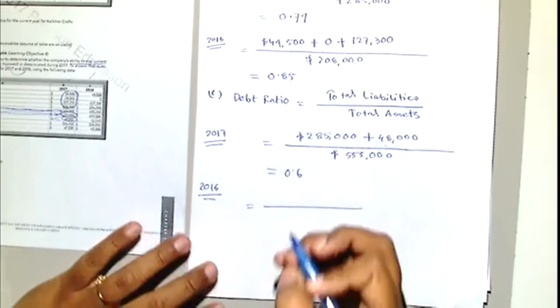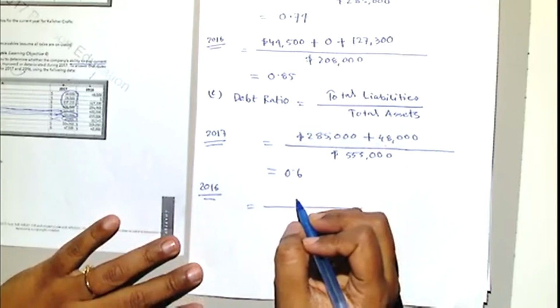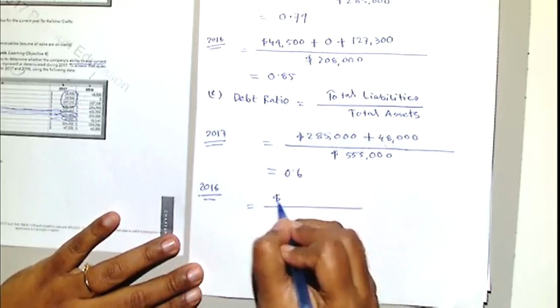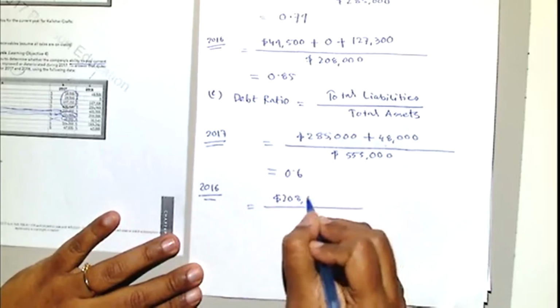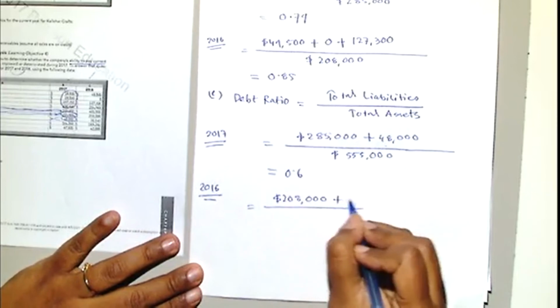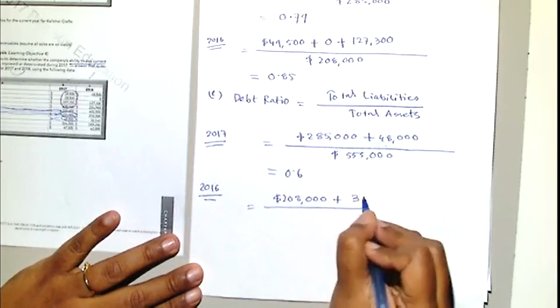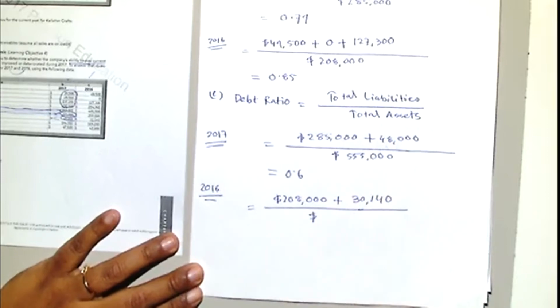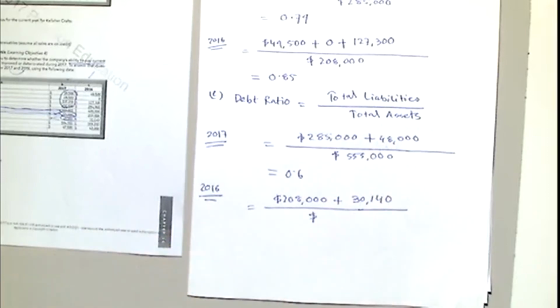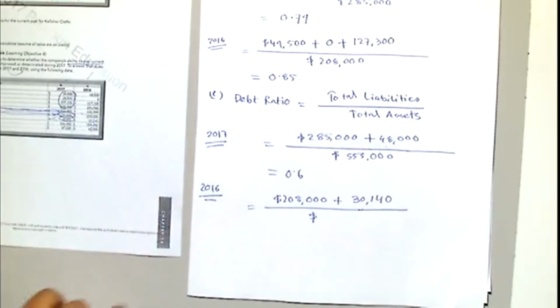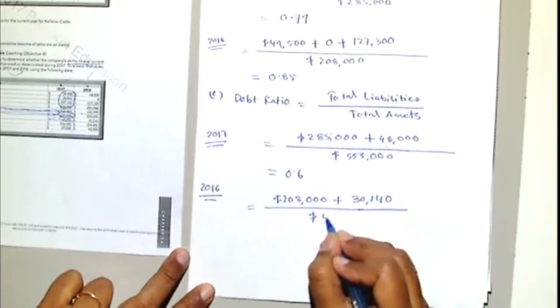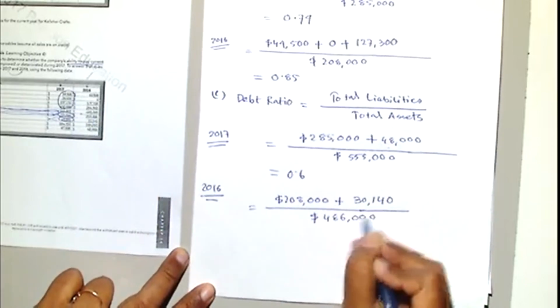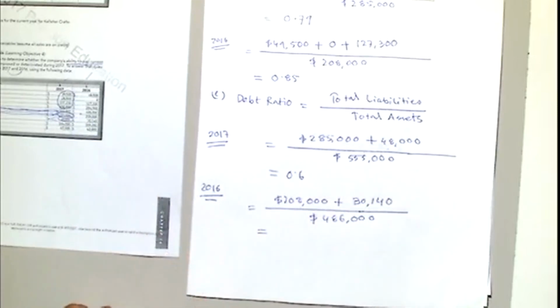Yes, Kai. 208,000. 30,140. Thank you very much. And what was your total assets? It's 486,000, right?